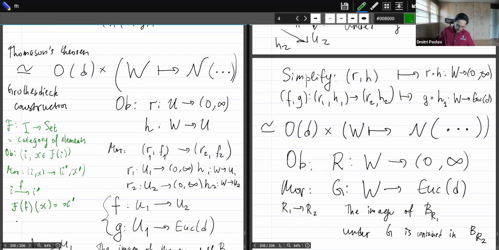Well, the traditional Grothendieck construction would have categories here instead of sets, and it would be a very similar description. X would be an object in this category. And then instead of an equality here, you would have a morphism here. That's the only difference.